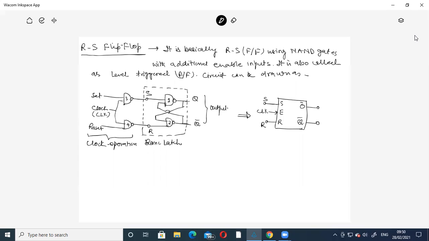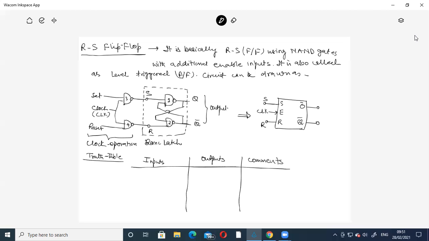Now, if we want the truth table, we can have the truth table with the inputs, and here it is the outputs, and then we have the comments.